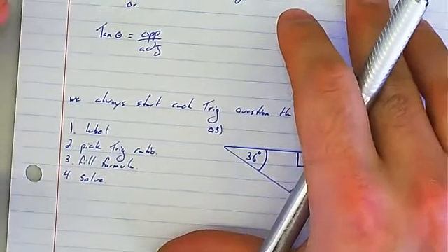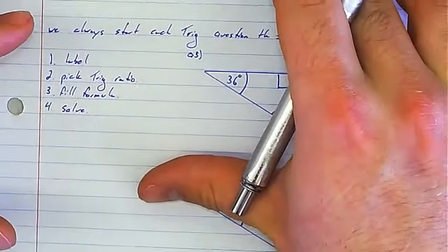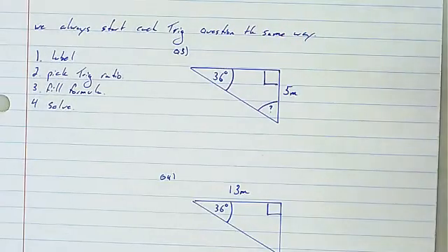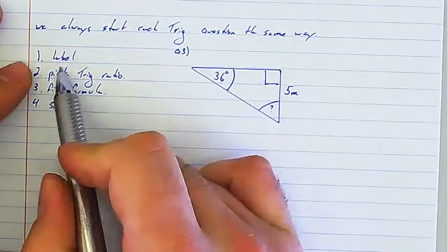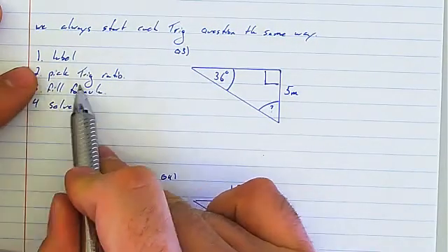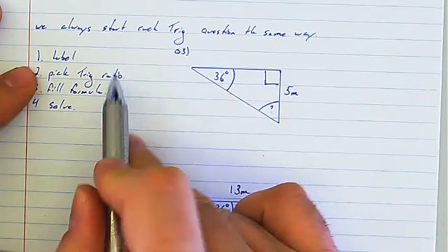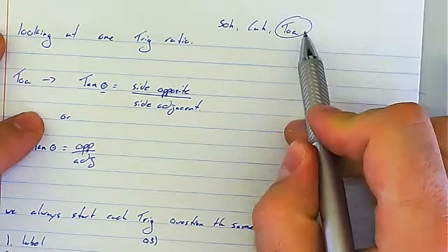For right now, we're just going to go through this step by step and give you everything you need to slowly do these. Once you figure out how to solve one trig ratio, the other two, you follow the exact same steps. Whenever you get a question, you're always going to label it first, and pick the ratio you want to find.